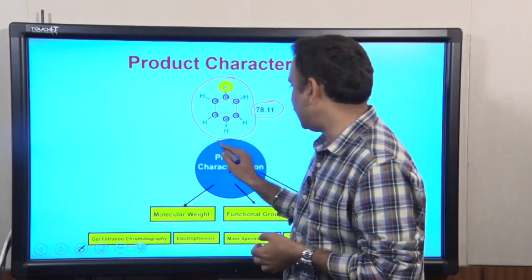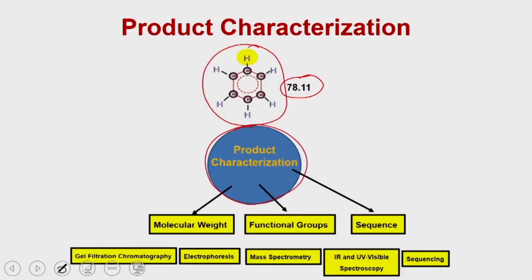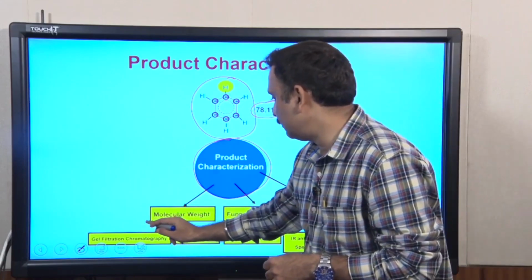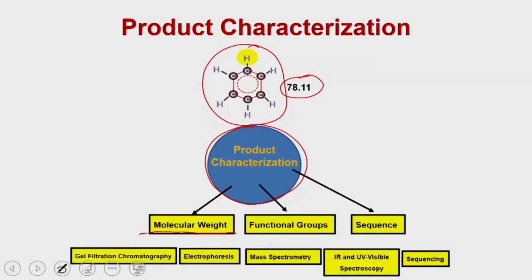When I say about the product, you have three or four different properties which can surely be used for characterization. One of the foremost properties is the molecular weight of that particular product. For example, in the case of benzene, the molecular weight is 78.11, but along with that you also have to characterize the functional groups present on the small molecule, and the third parameter is the sequence.